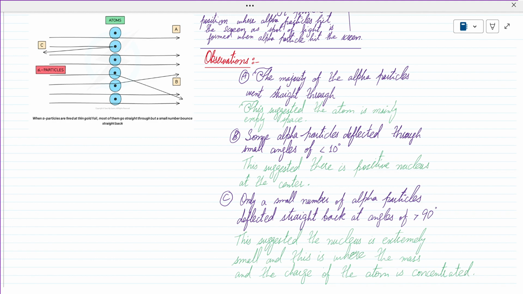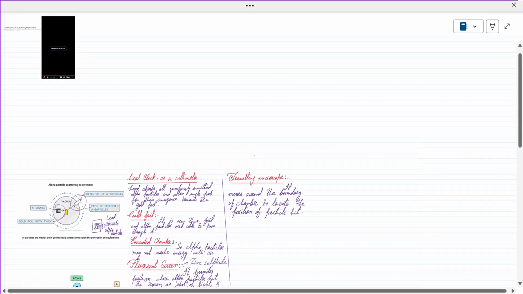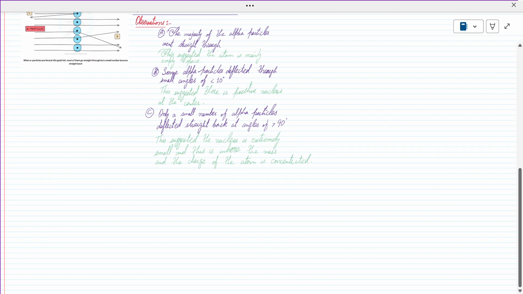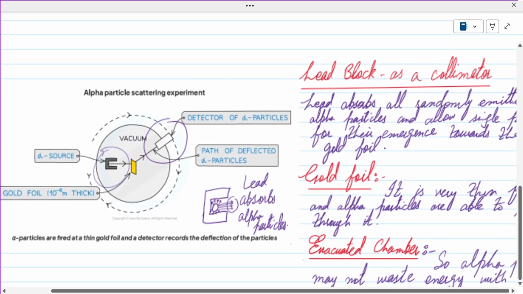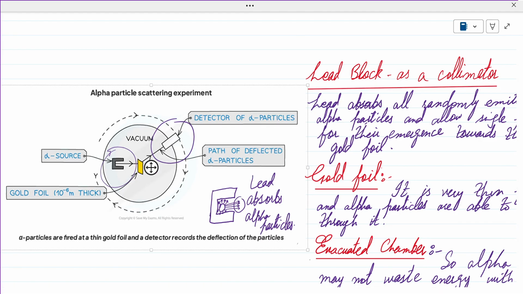After completing this, we have discussed the alpha particle scattering experiment. We produced alpha particles. I'll use the laser.